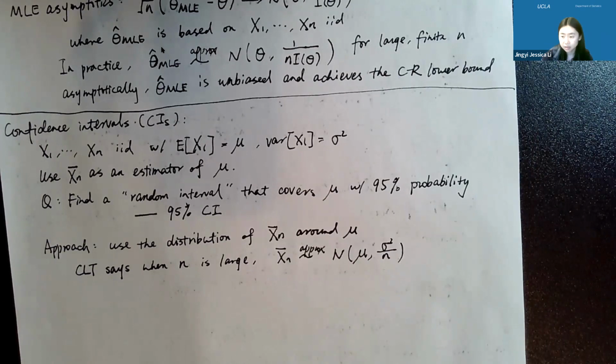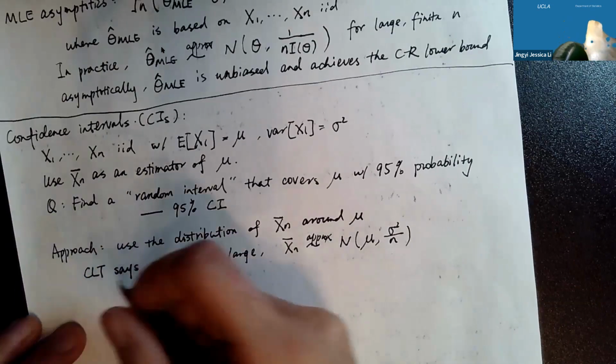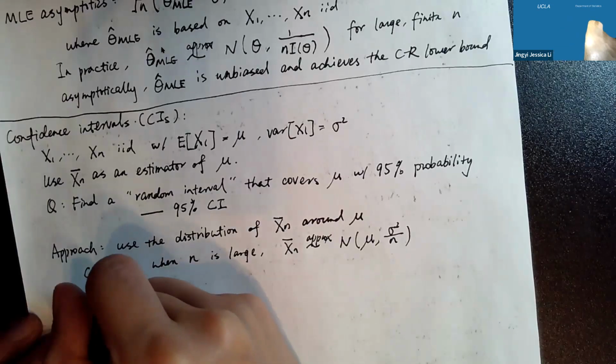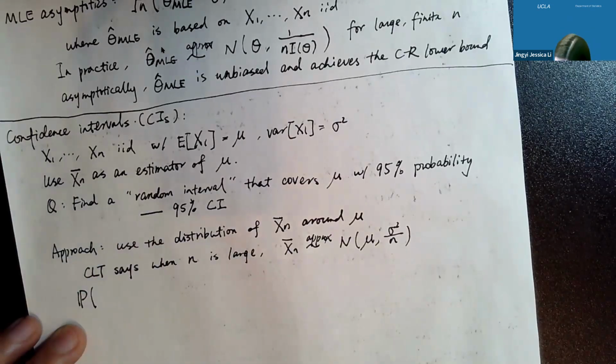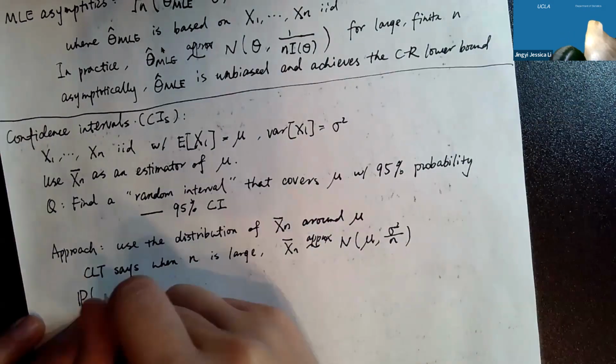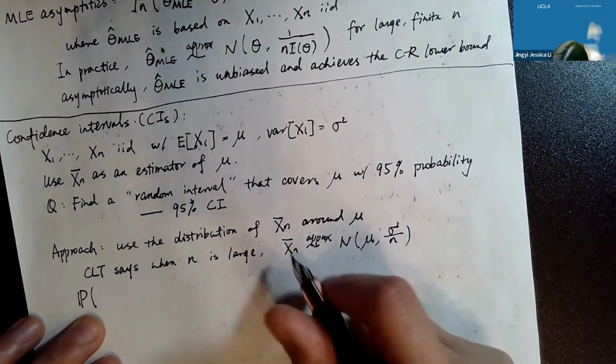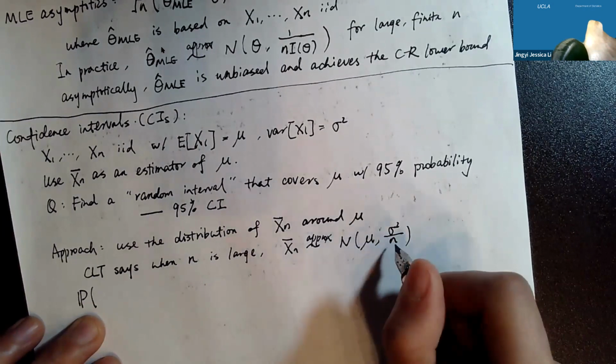With this, if we want to construct an interval around mu, let's first look at this probability. We have X_n bar following this distribution.